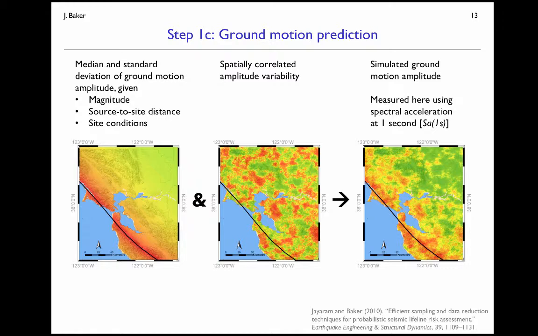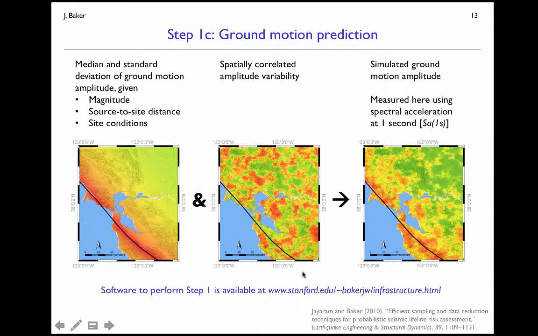Okay, so in this slide here, we've got an illustration visually of one realization of ground shaking intensity. We're going to do this for all 2,800 earthquake ruptures, and we can actually generate multiple realizations for each rupture as well, making multiple realizations of this amplitude variability, reflecting our uncertainty there. So we can generate thousands of these maps of ground shaking amplitude throughout the region of interest.